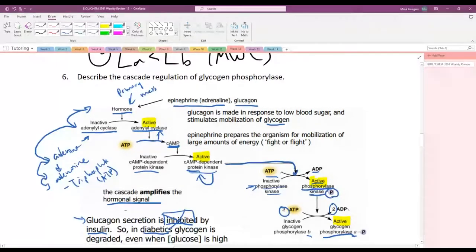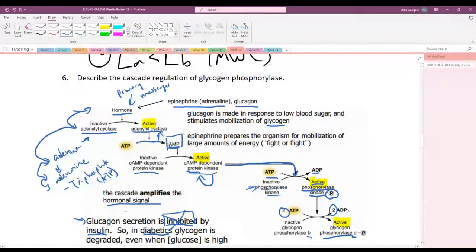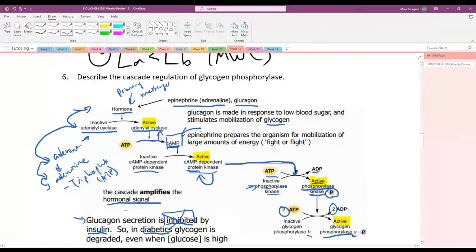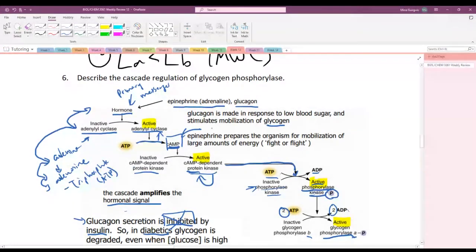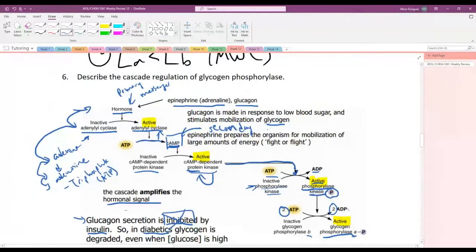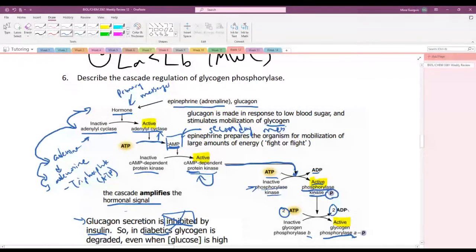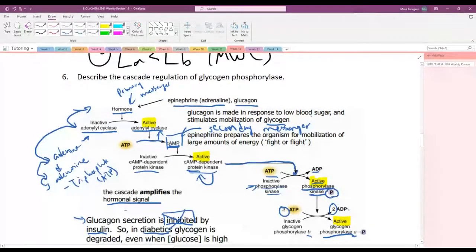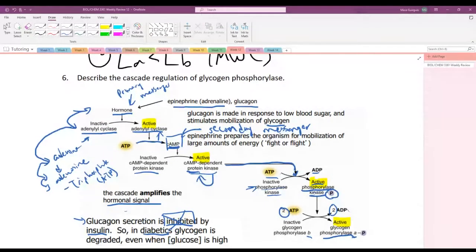The body detects something is wrong, and a primary messenger is sent out to address that. Well, the hormone has to activate something, and so most of these intermediates, specifically cyclic AMP, what we're going to focus on, is called the secondary messenger. Secondary messenger, because it's after the primary, right?